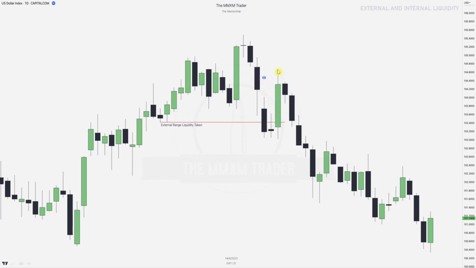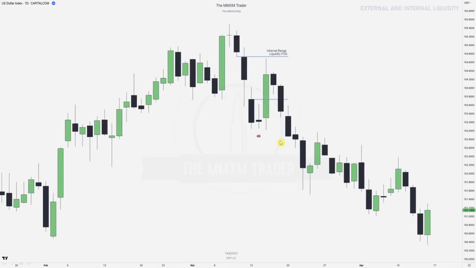Price reprices back into that imbalance over here, so we hit that internal range liquidity. What do we want to do after we take internal range liquidity? Go back to external. We fill this up, and we look for this external range liquidity down here. And we keep declining. We take out this external range.